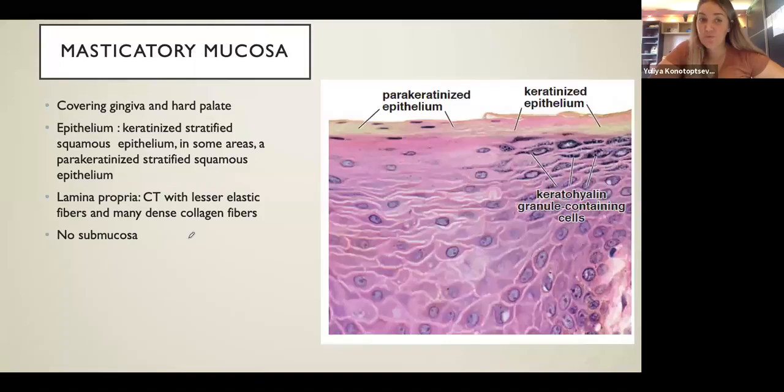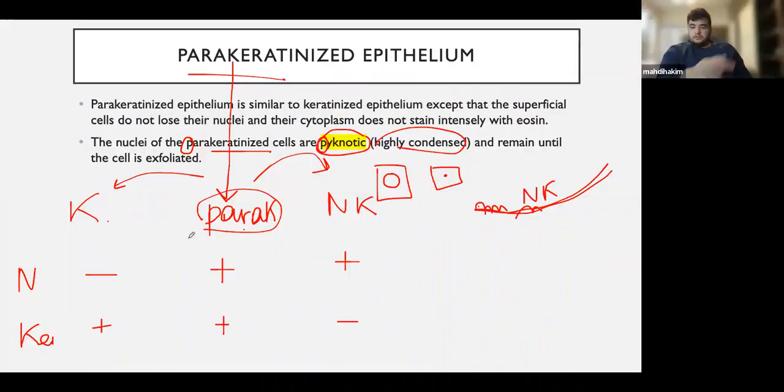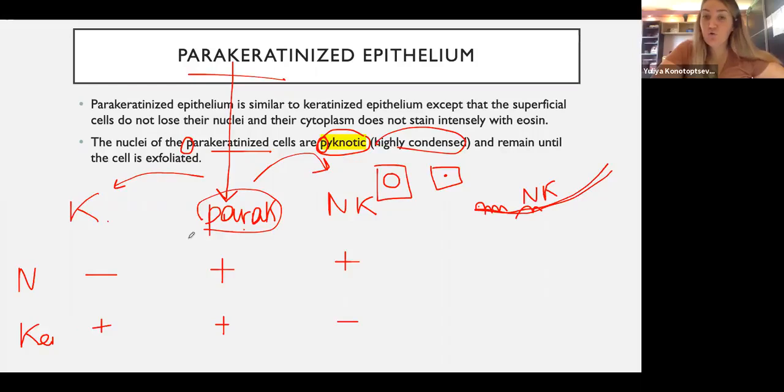Okay, masticatory mucosa. Wait, we will first address a question about the pycnotic cells. If the nucleus was actually small, then it's not going to do its proper function. For sure, yes, it's not going to do its proper function. Yes, that is true. But still, it is considered to be, I'm sorry, guys, my cat is going crazy.